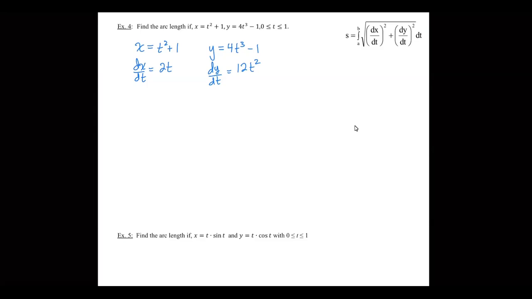So I'm looking at s equals the integral on the interval of 0 to 1 because it gives us the t values. Now we'll have to get into domains in more detail down the line, but for now we're assuming that's an appropriate set of boundaries.